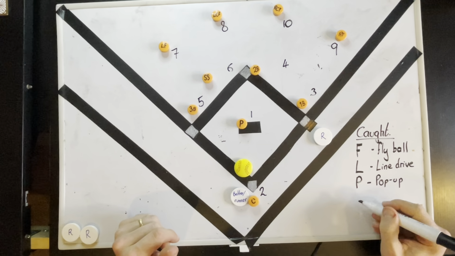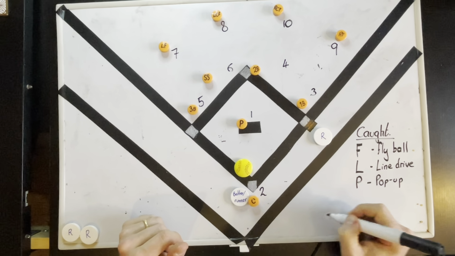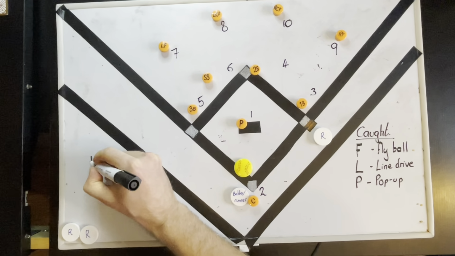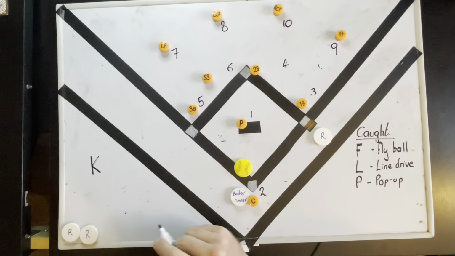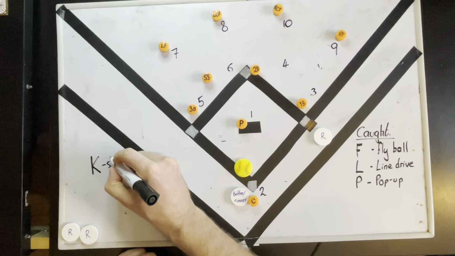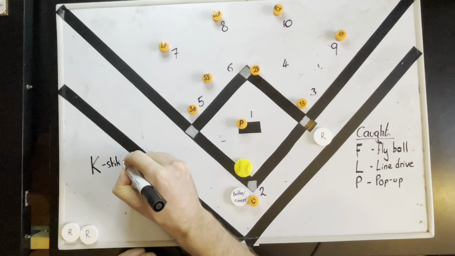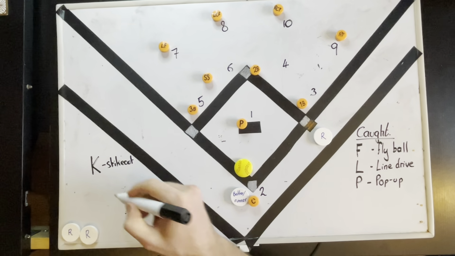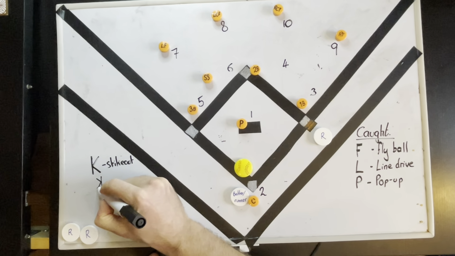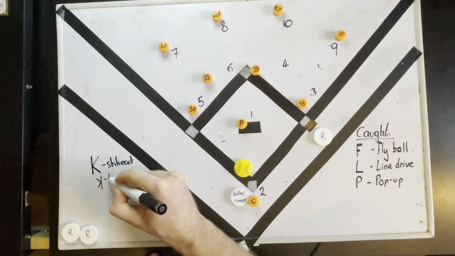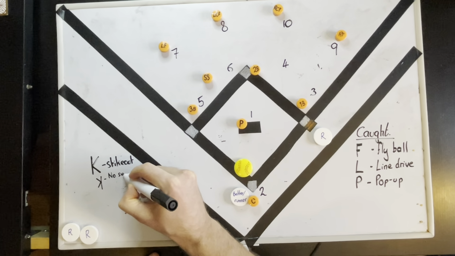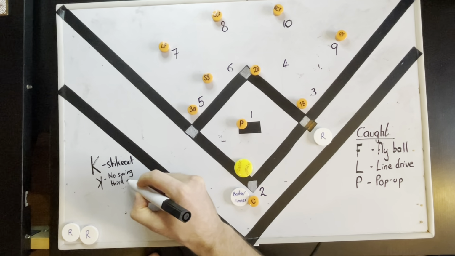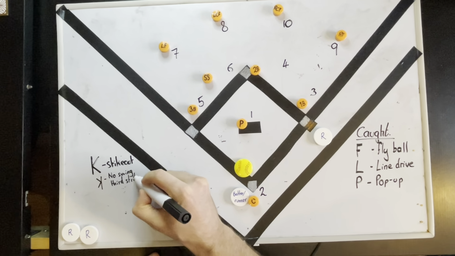Well, you can also strike out. And if you strike out, I'm going to put it over here. If you strike out, so you get 3 strikes, you use the letter K for strike out. In some instances, you might see the letter K written backwards, and that means that the third strike you didn't swing.